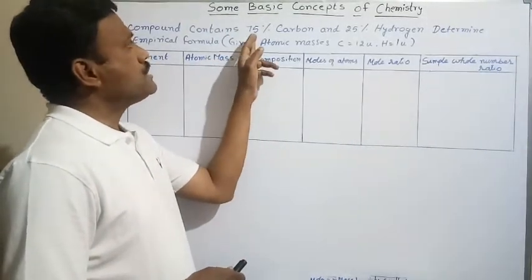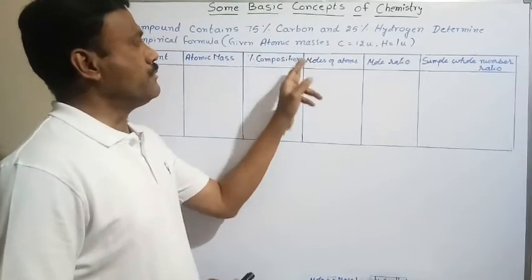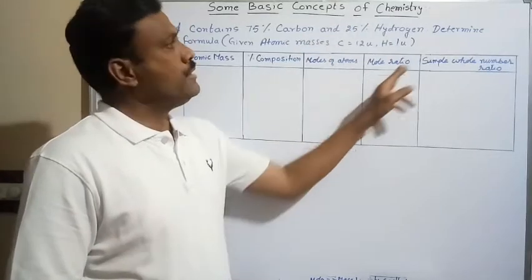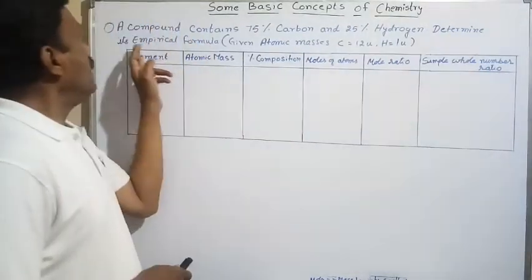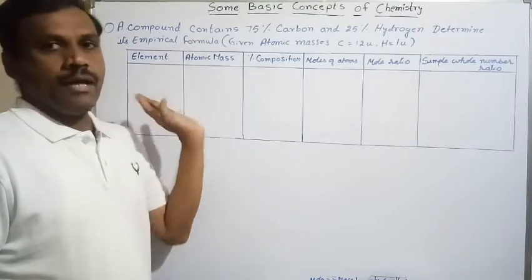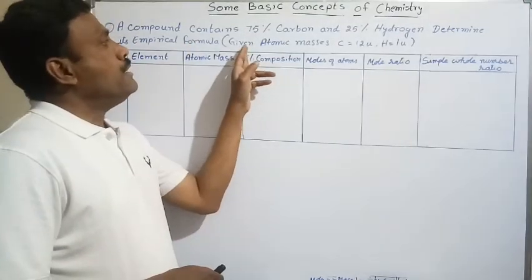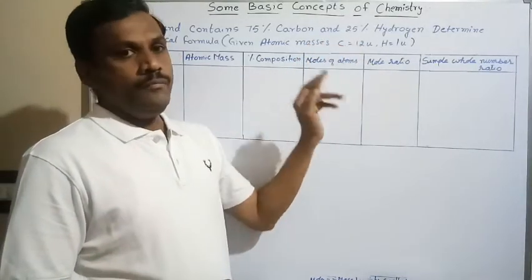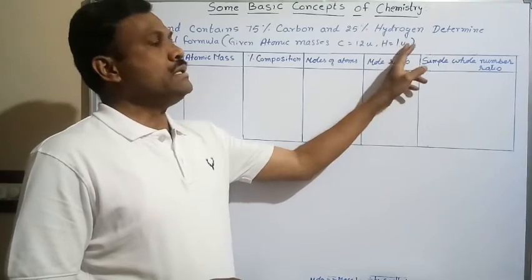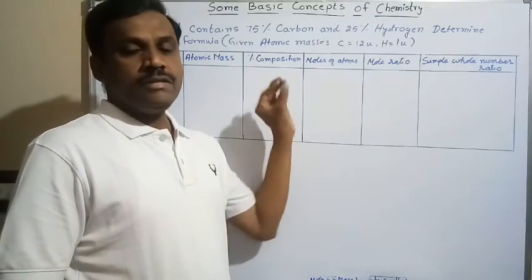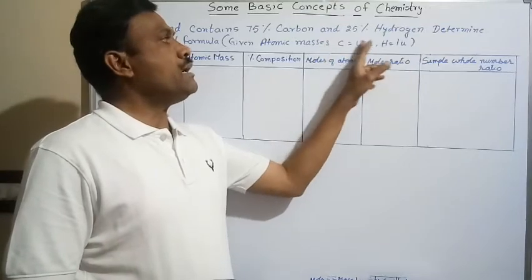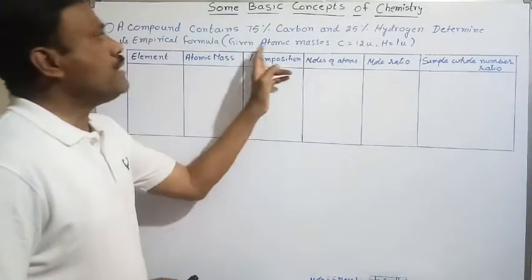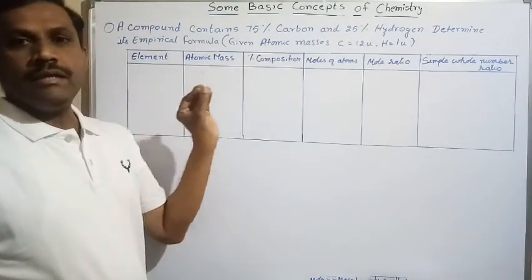A compound contains 75% carbon and 25% hydrogen. Determine its empirical formula. Atomic mass of carbon is 12, hydrogen atomic mass is 1. There is no need to remember the atomic masses of different elements. Atomic mass will be given in the problem.